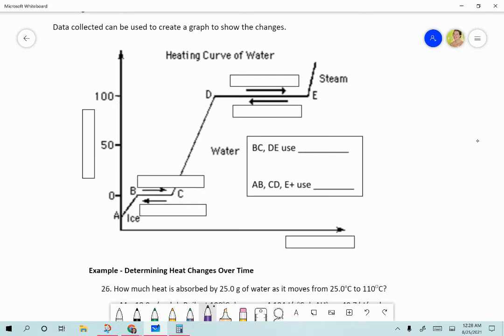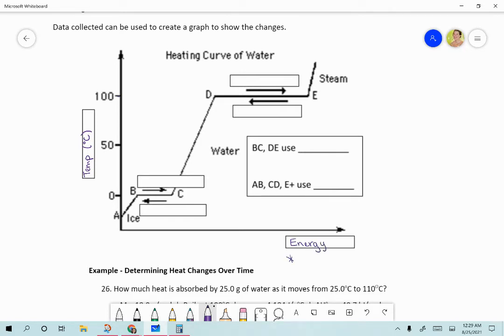Now I mentioned over here on this side, my y-axis is going to be my temperature. Usually that'll be in degrees Celsius. That's what we've been using. That is what we will keep using. The bottom, my x-axis, is usually referred to two different ways. The way that I want you to think about my x-axis is in terms of my energy.